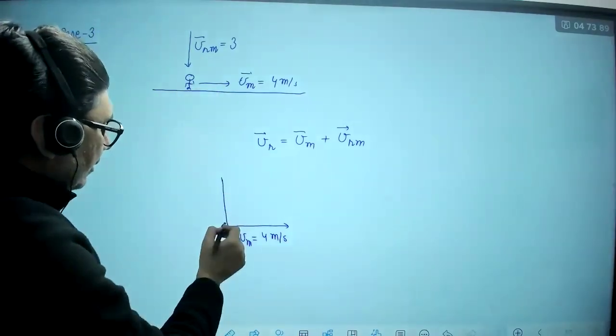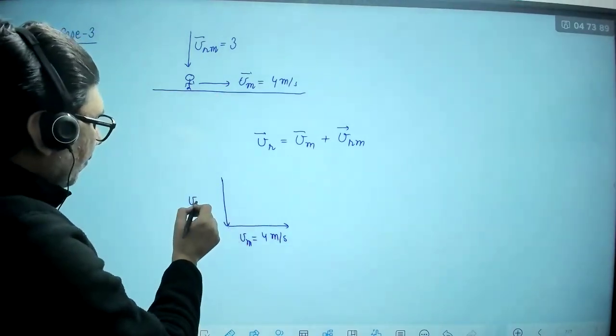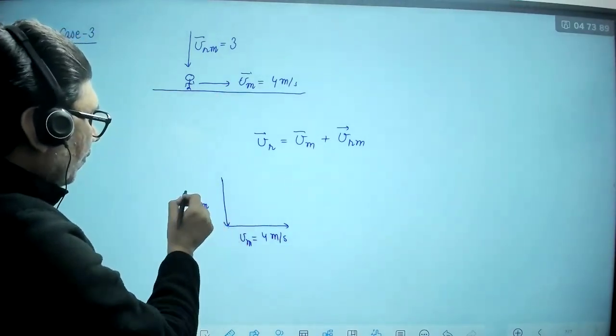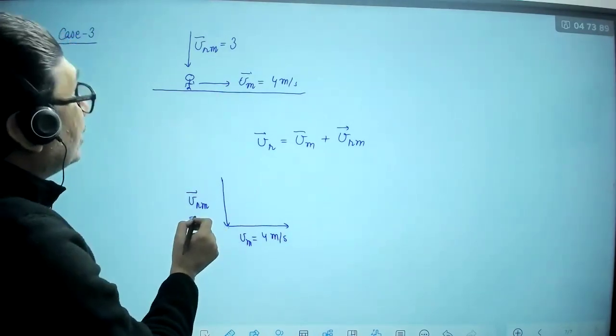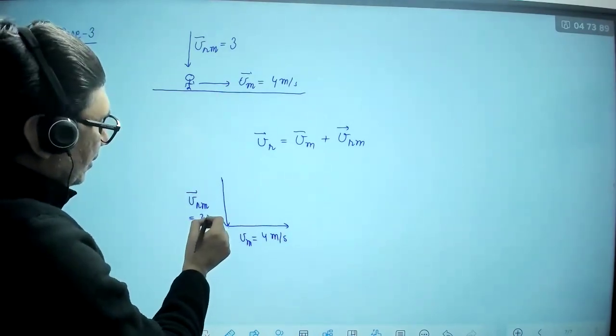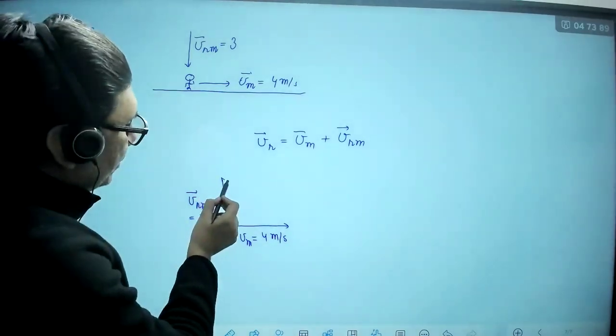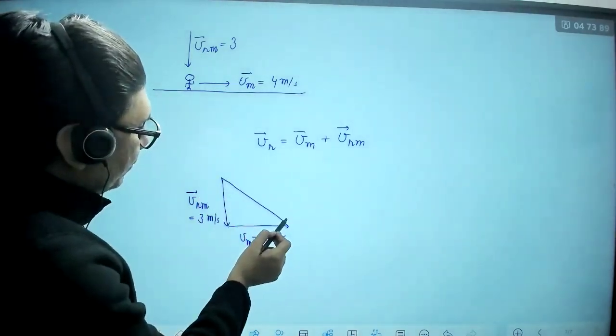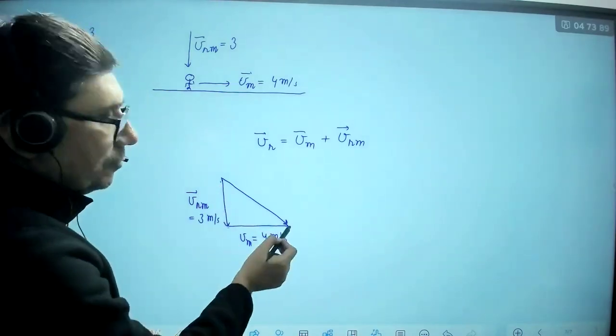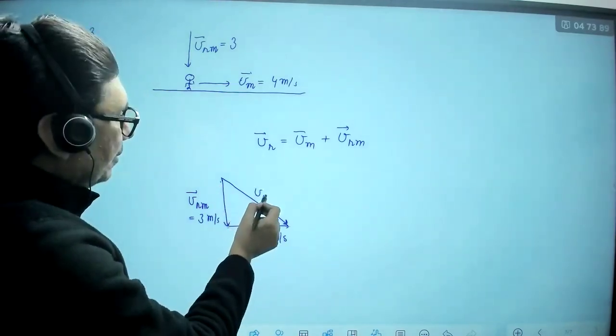I created this. This is VRM. And how much is this VRM? That is 3 meter per second. So what will be VR? VR will be this. Sum of these two is VR.